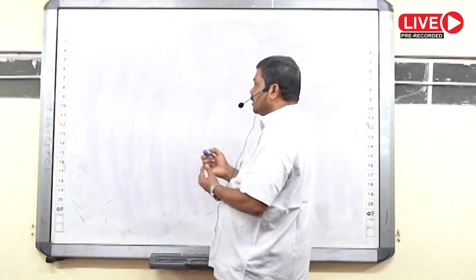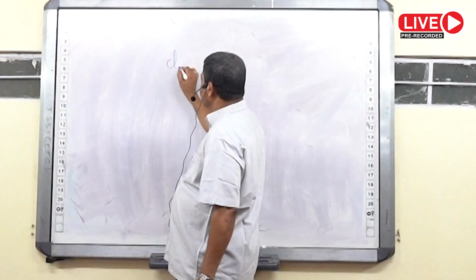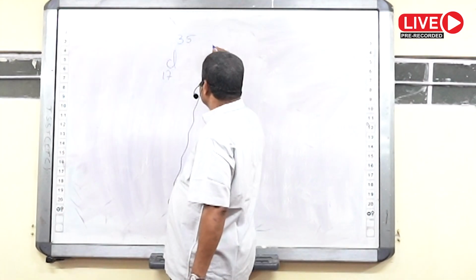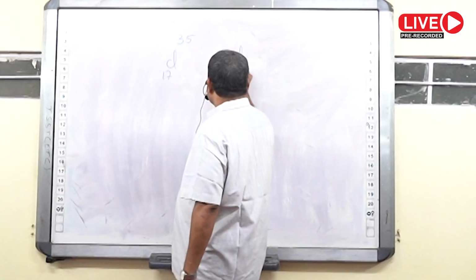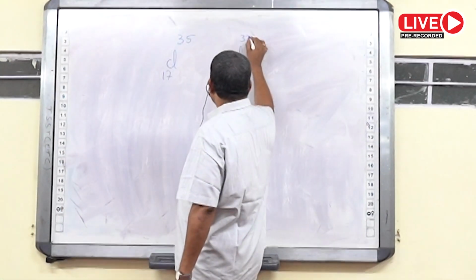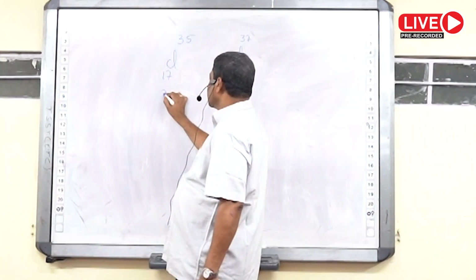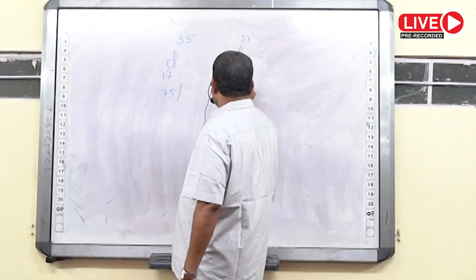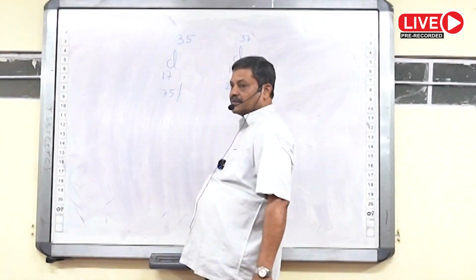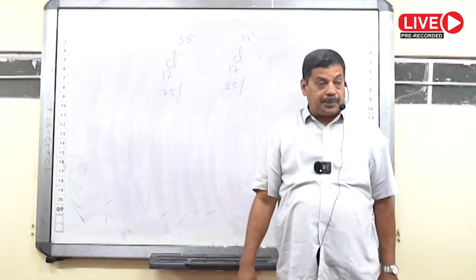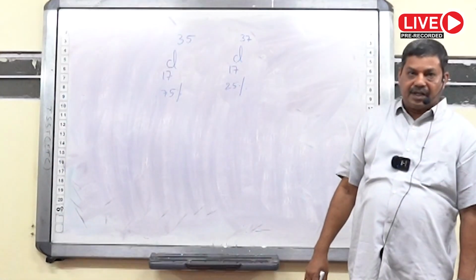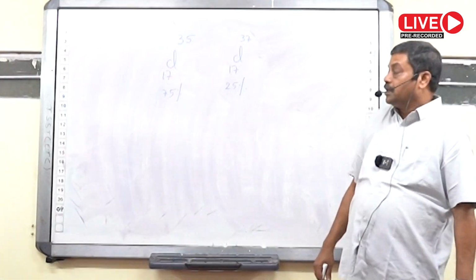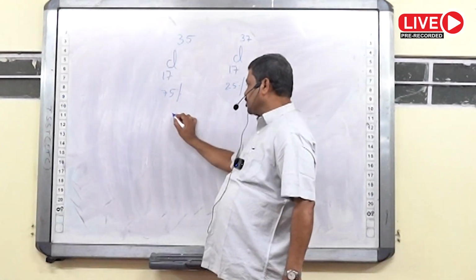So chlorine has two isotopes, chlorine 35 and chlorine 37. This is 75%, this is 25%. In a particular percentage ratio they are available, meaning they are in 3:1 ratio.